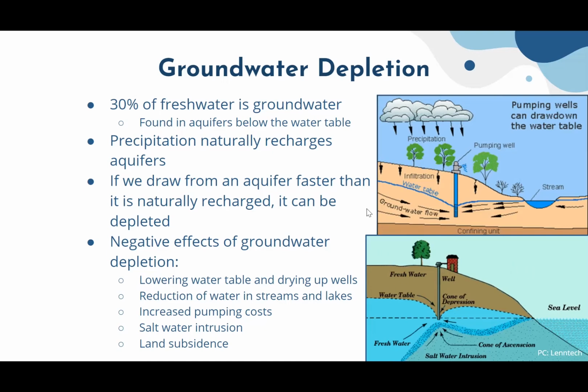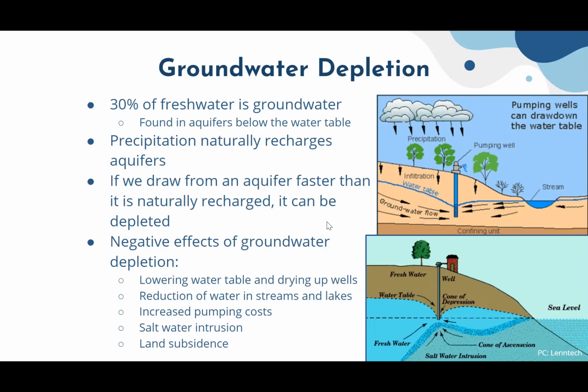And finally, there's something called land subsidence. Land subsidence is basically when we take a lot of water out of an aquifer and the soil compacts because there's no longer water filling it up. And so because of that, the ground slowly sinks. This happens over a long period of time, but it still happens very slowly.